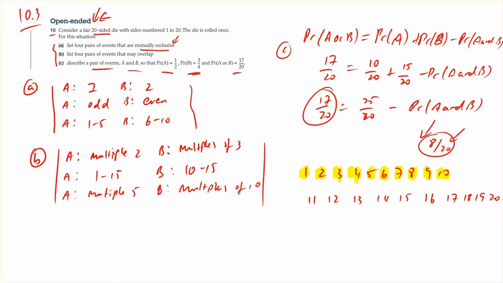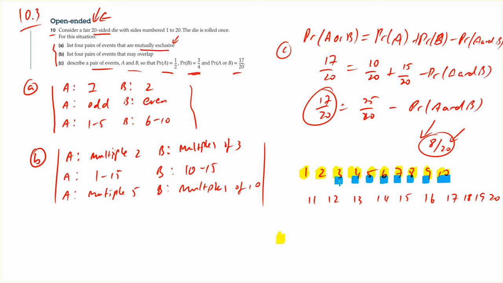We'll call that event A. Event B is 3/4, and we've got 8 out of the 20 that overlap. I'm going to deal with the overlap first because I want to satisfy the condition. So this overlaps, 1, 2, 3, 4, 5, 6, 7, 8.